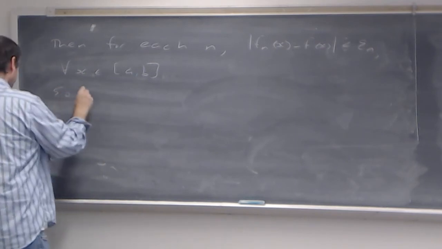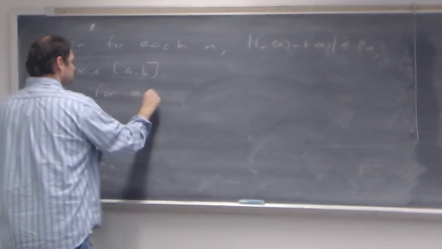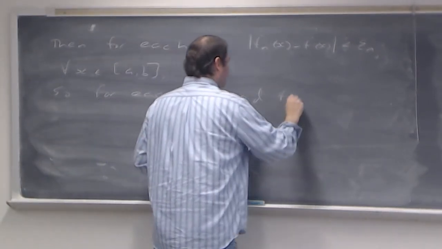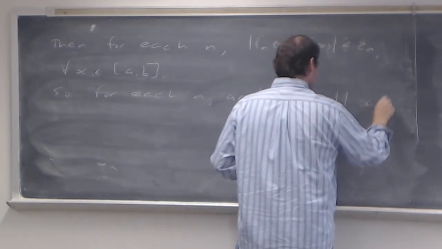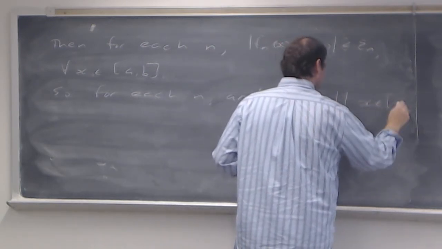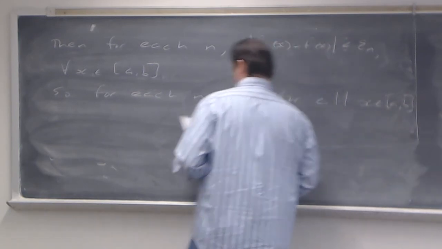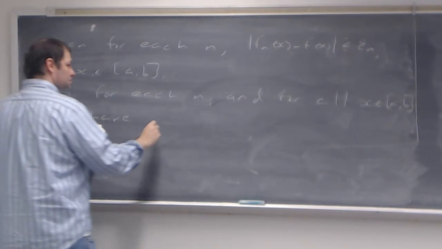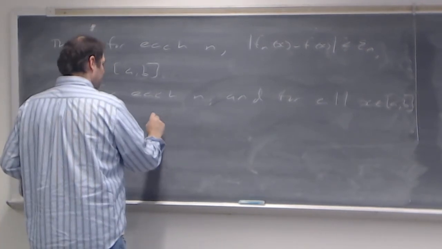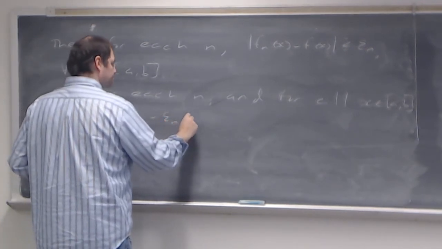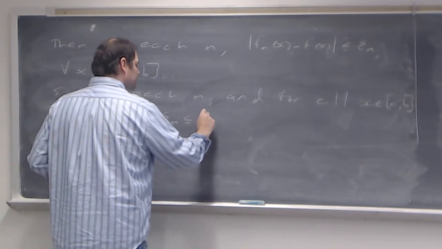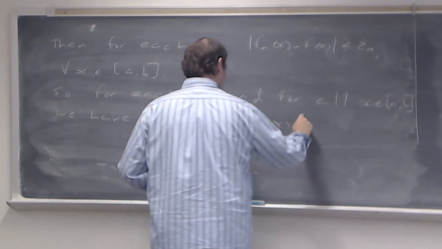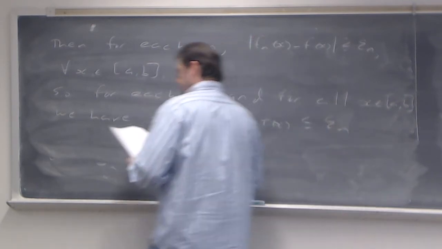Okay, so for each n and for all x an element of a to b, we have minus epsilon n is less than or equal to f sub n of x minus f of x, which is less than or equal to epsilon sub n.